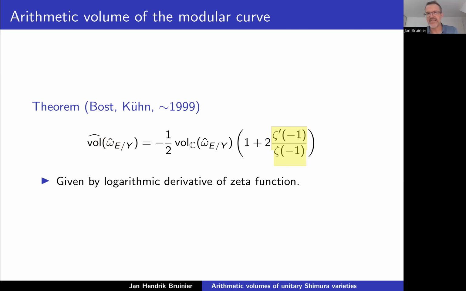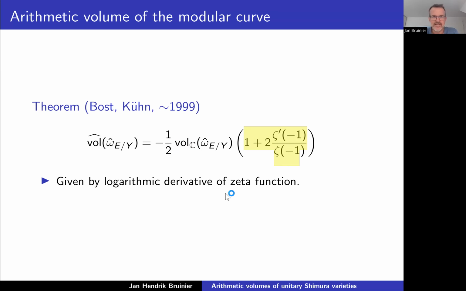So in some sense, for the complex volume here, we got zeta of -1 or the negative of it. And for the arithmetic volume, we get the logarithmic derivative of this zeta function at the same place.